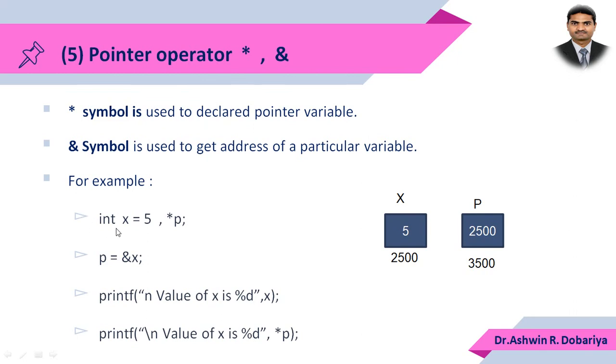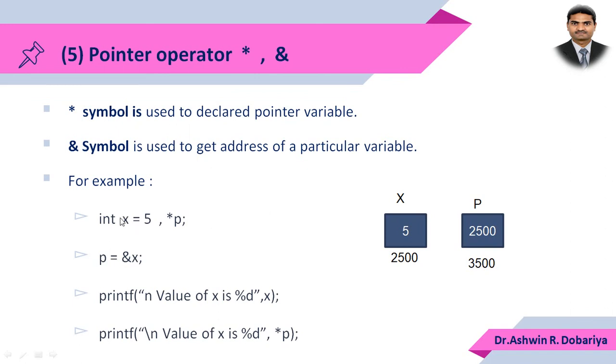So when we declare the statements x is equal to 5 and asterisk p in the program, what happens in memory? In memory x is one variable having the value 5, and every variable has one address, that is known as a memory address. A pointer variable never stores the actual value, but always stores the address of another variable. So how can we assign the address to the pointer variable?